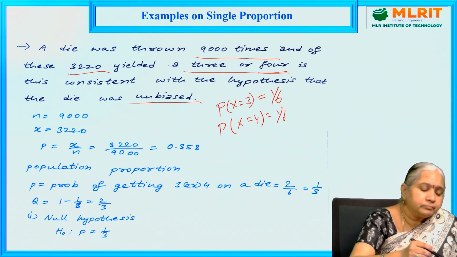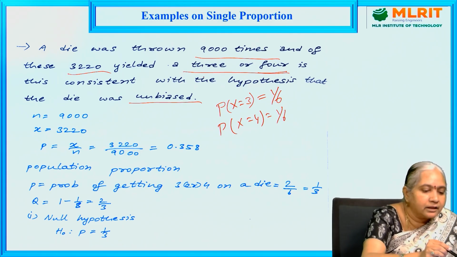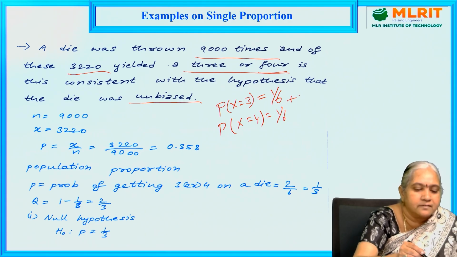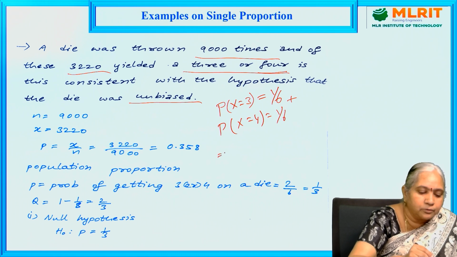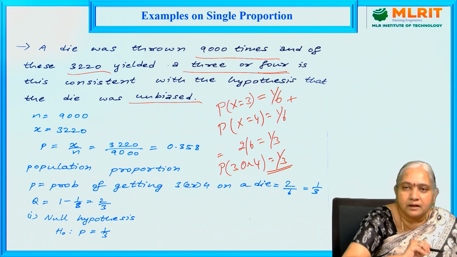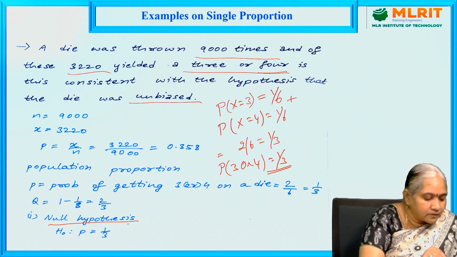But here he has taken getting 3 or 4, so we add these probabilities, that is 2 by 6, which is equal to 1 by 3. So the probability of 3 or 4 is 1 by 3. That is his claim, since his claim is the die is unbiased. So capital P equal to 1 by 3, that is the null hypothesis.